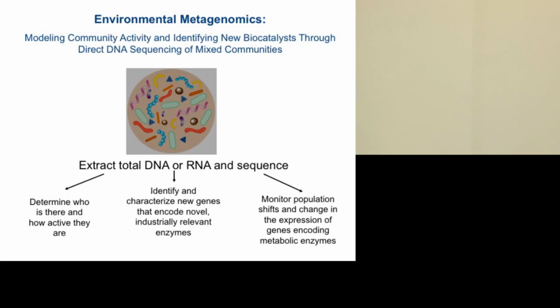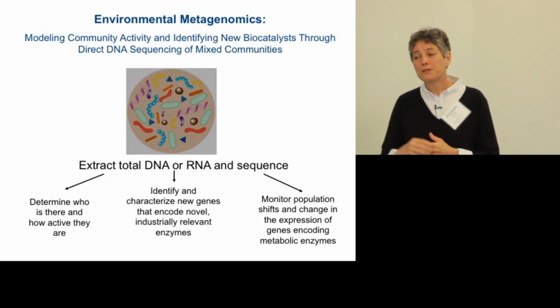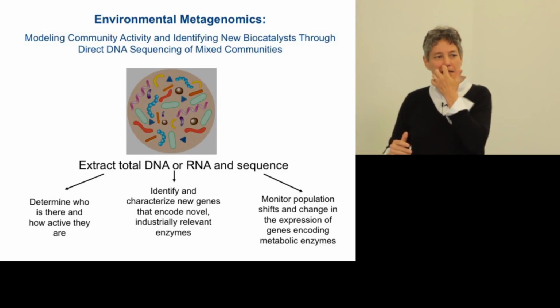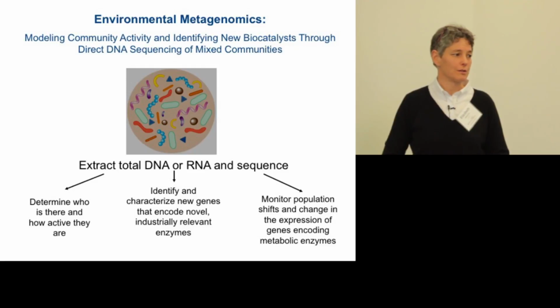And from that DNA, or the corresponding messenger RNA, which is basically those parts of the genome that are being used at that time, we can determine who's there and how active they are, and with a bit more experimentation we can figure out how. And once you figure out how, and the constraints and conditions that enable it, we can design processes to best use those properties.